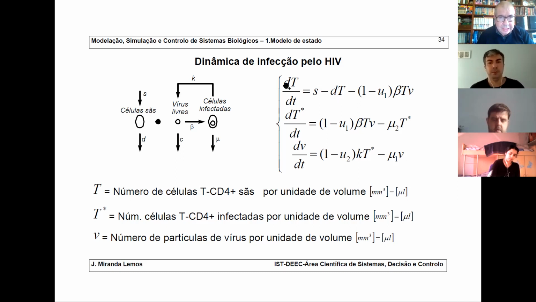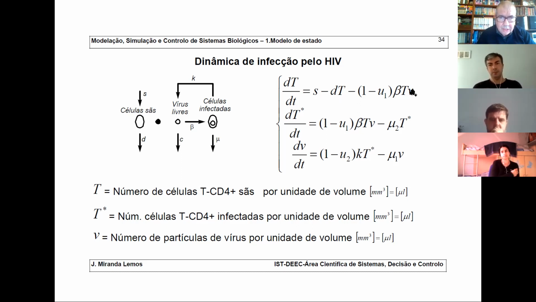So s makes T grow, and this minus, if d is positive, T of course is positive, makes T decrease. So you have a balance. In the end, you will have a balance. I will discuss that in a moment.